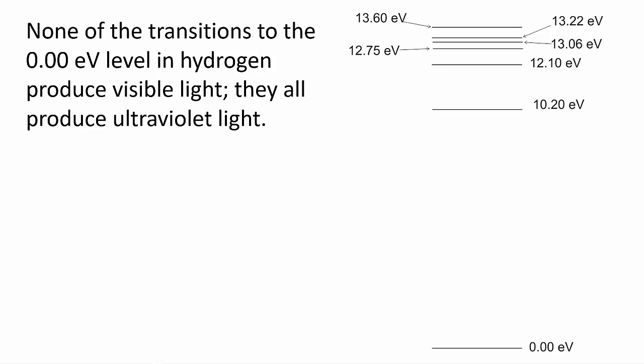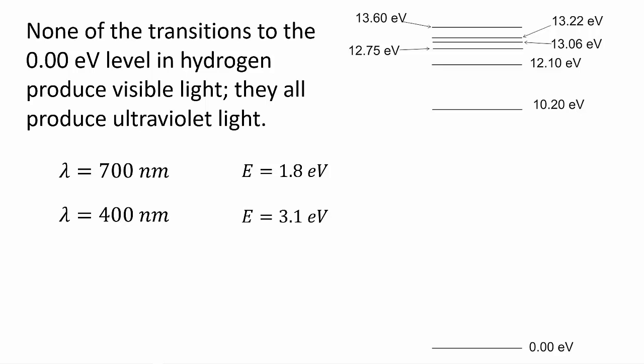So let's consider some other possible transitions. For visible light, the wavelengths go from 700 nanometers with an energy of 1.8 electron volts to 400 nanometers with an energy of 3.1 electron volts. So visible light photons have energies between 1.8 electron volts and 3.1 electron volts.